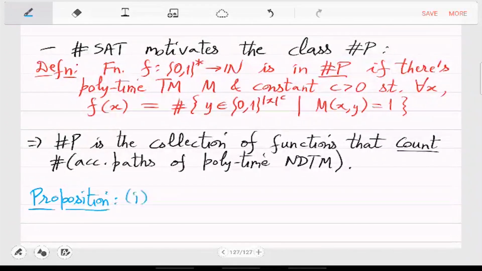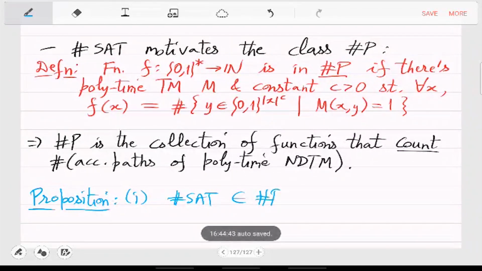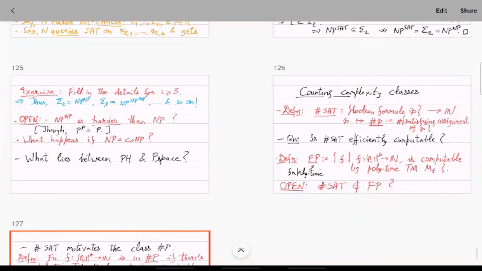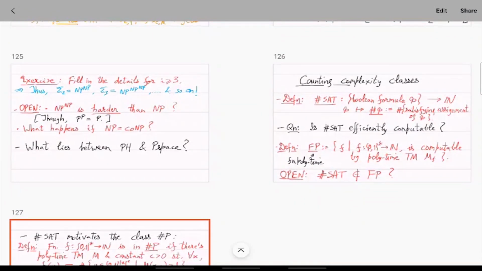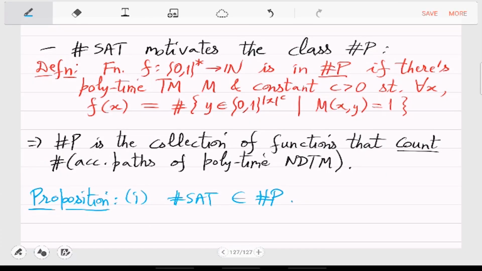So, first is that #SAT is in #P. Why is that? Well, #SAT was defined as the number of satisfying assignments of a Boolean formula, and a satisfying assignment of phi is basically just an NDTM making choices. So that NDTM's number of accepting paths is being counted, right?